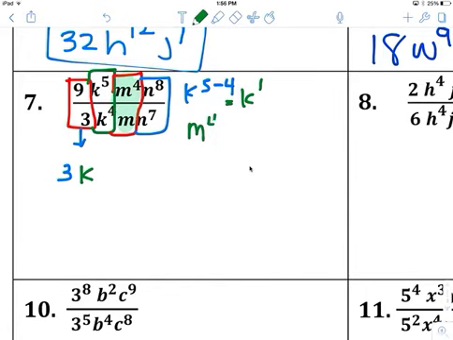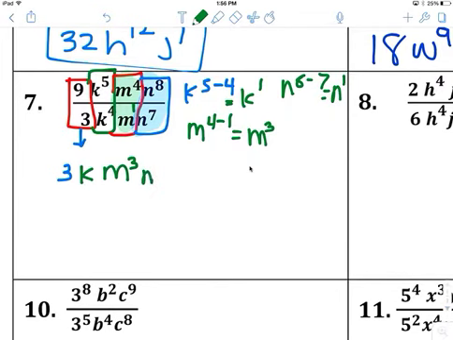M to the 4th and m to minus 1, which is m to the 3rd. And the last one here, this last one is n to the 8th and minus n to the 7th, so that's n to the 1st. And that's your answer.